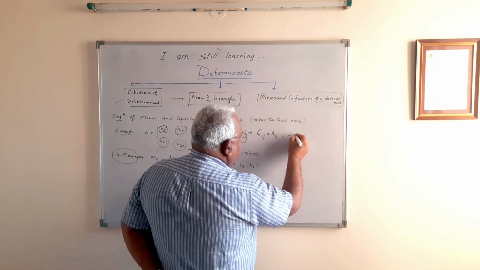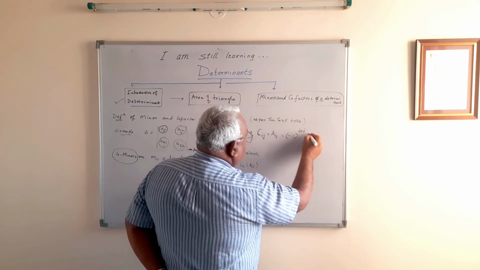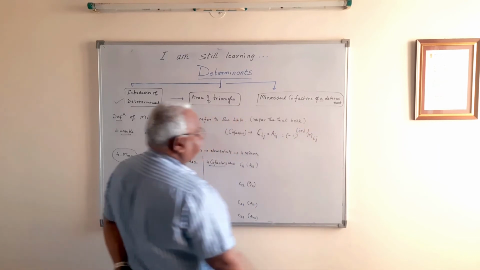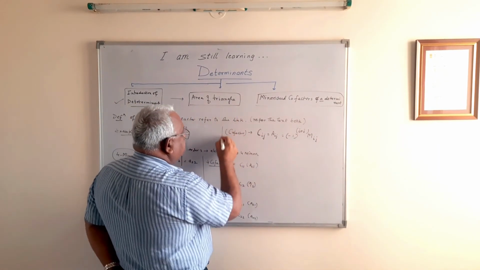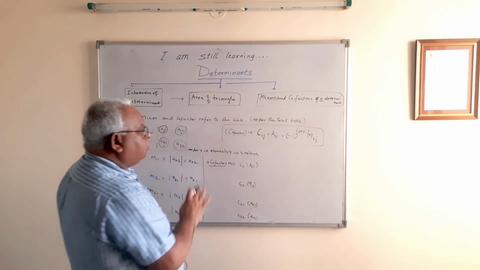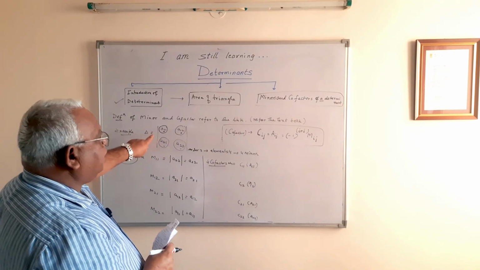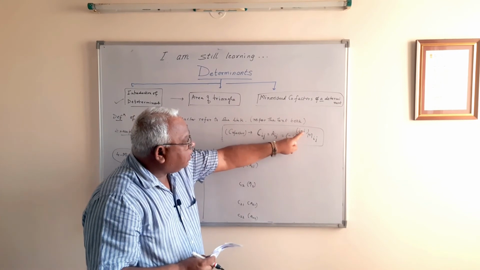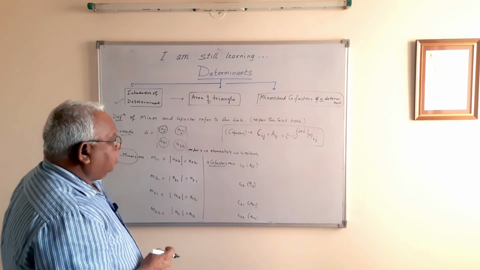It is (-1) to the power i plus j times Mij. That's all. This is the definition of cofactor. Cofactor related to any determinant is defined as (-1) to the power i plus j times Mij.